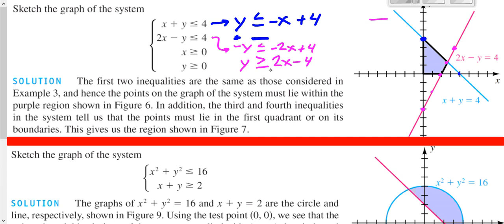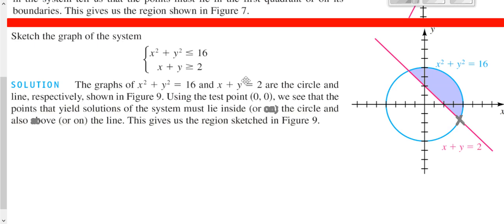It's solid because of the equal to. Y is greater than, so that means you're going to be shading above the pink line. So when you graph all these and only look at where they're overlapping, that's just the shaded purple region here. So that would be your answer to your system of inequalities.